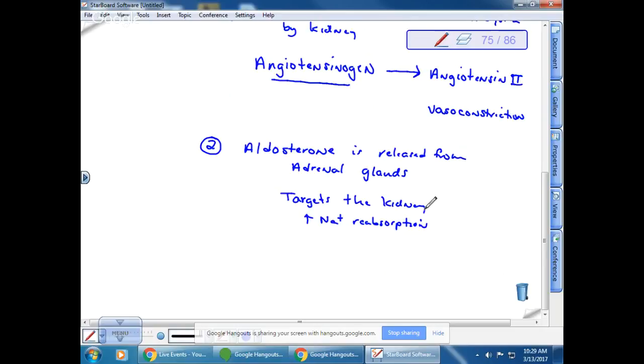And when we reabsorb sodium, what comes with that, just kind of passively, is water. So this causes an increase in water reabsorption. So this increases blood volume, which increases blood pressure.